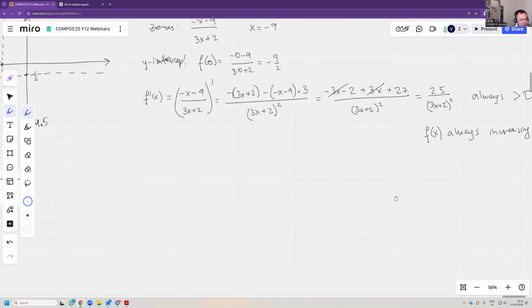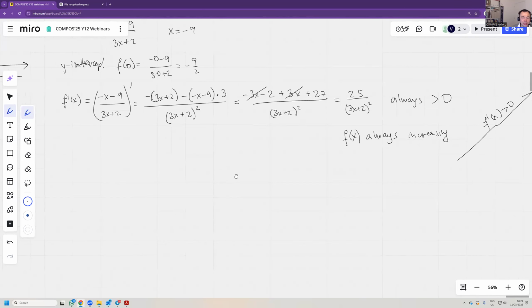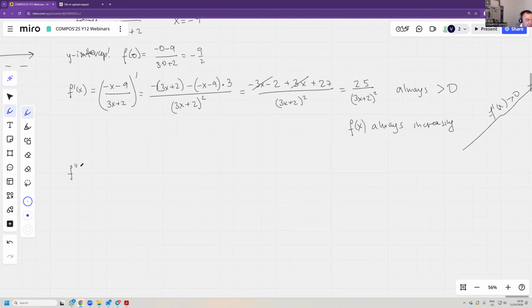Well, you could find the second derivative. Yeah, let's do that. The second derivative, f double dash of x. To do this, I'm going to do 25 times 3x plus 2 squared to the minus 2, differentiated. So the second derivative is 25 multiplied by negative 2 multiplied by 3x plus 2 to the power negative 3 multiplied by 3.